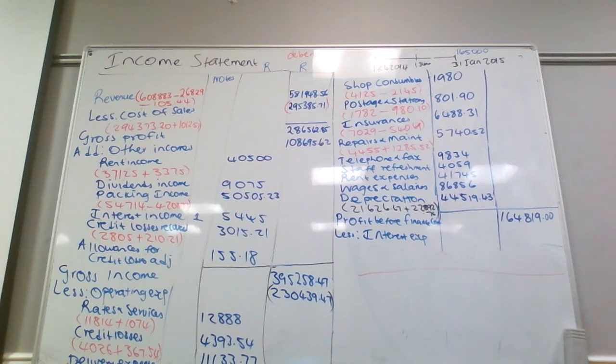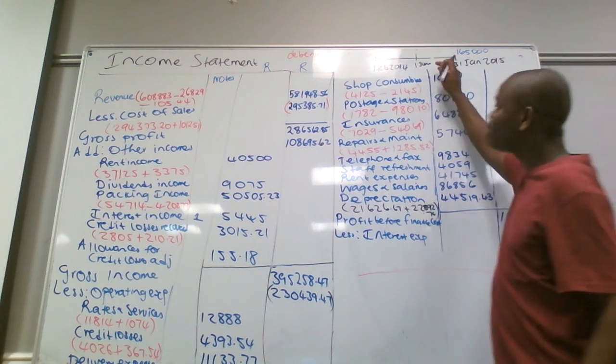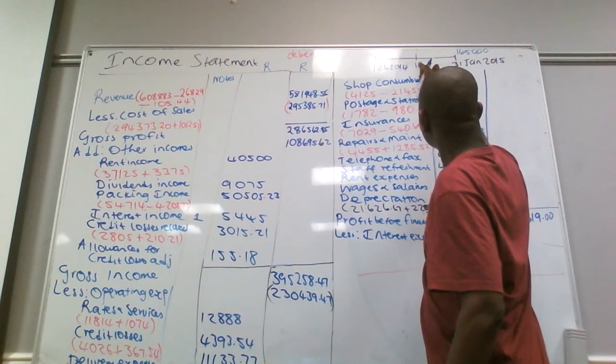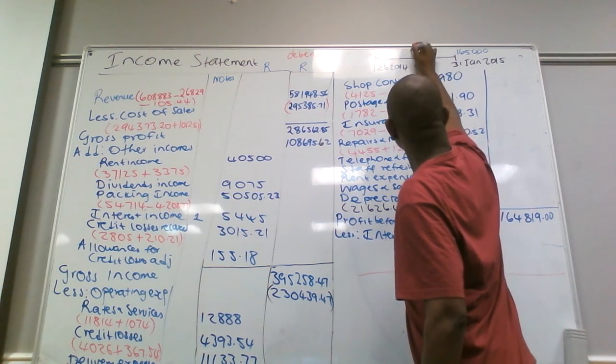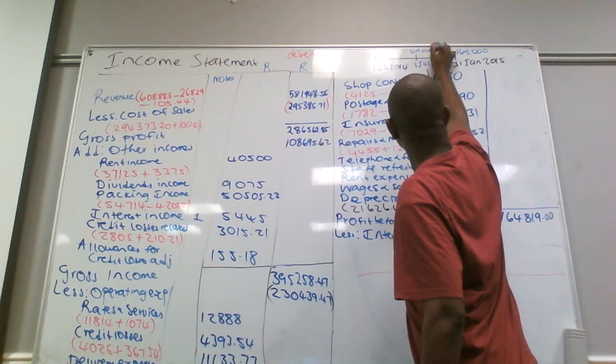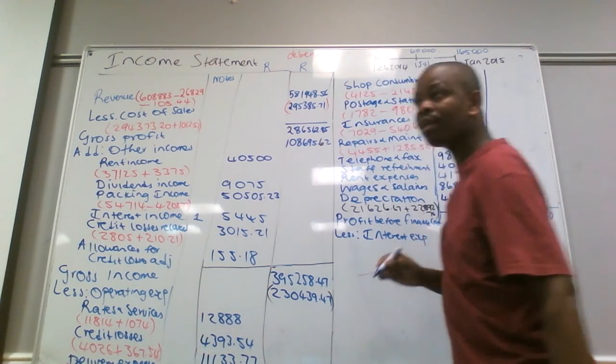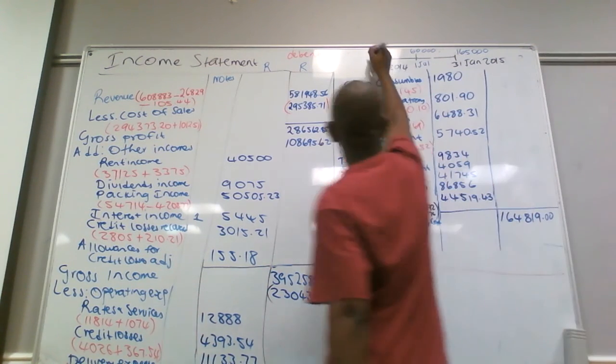Are you okay with the 165? What happened during the year? Increase or decrease? Give me the date on which you increased. 1st of July. How much? 60. Okay. So from the beginning, how much was it? 105.